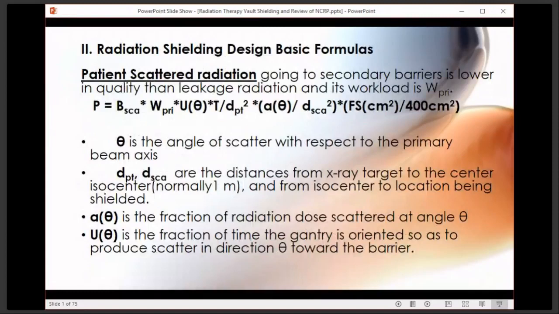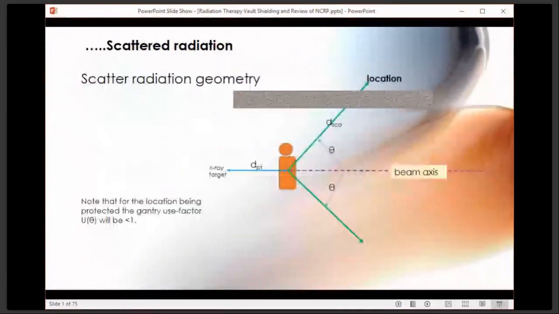The patient scattered radiation is basically radiation that's going into the patient and being scattered out of the patient at various angles. I'm going to give you a quick picture here. We've got the radiation source over here, the patient, and then scattered at some angle theta is the scattered radiation, and it penetrates this barrier to the location being protected.